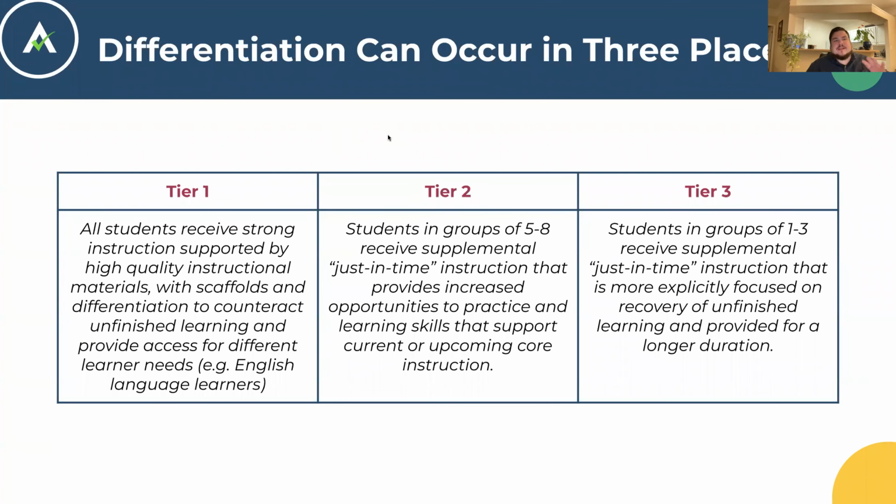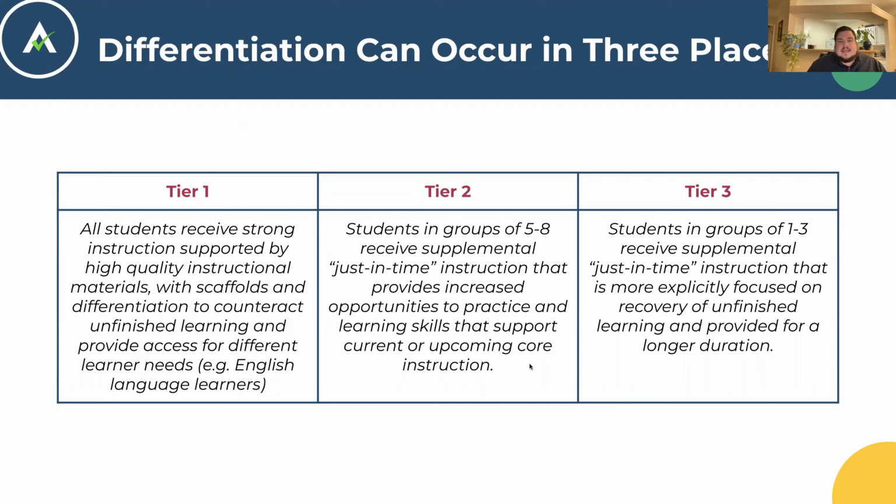There's typically 3 different places that you can have differentiation. I won't read through all of this text, but tier 1 is providing strong instruction and supports at the whole class level, and implementing strategies that counteract unfinished learning.